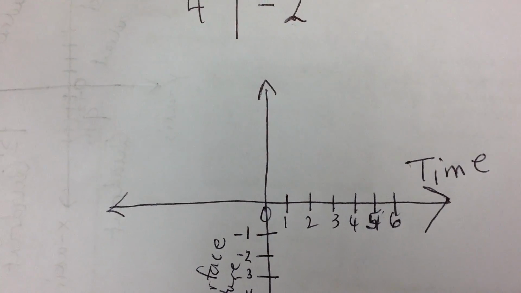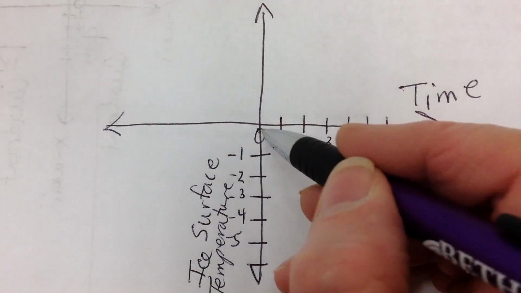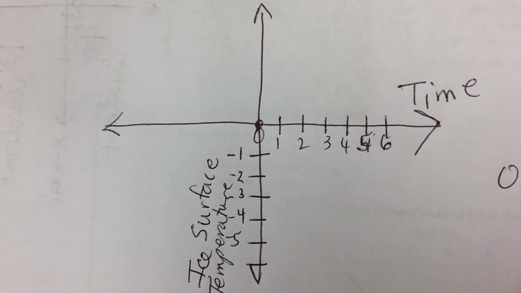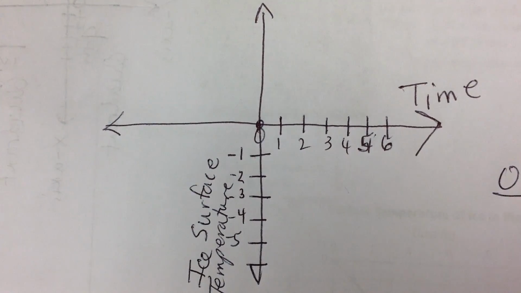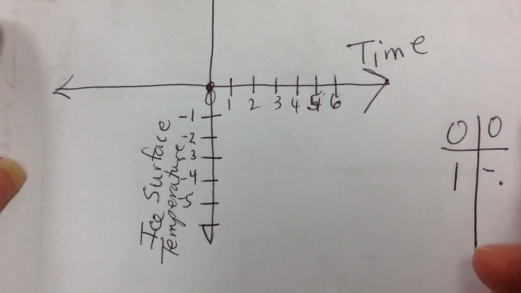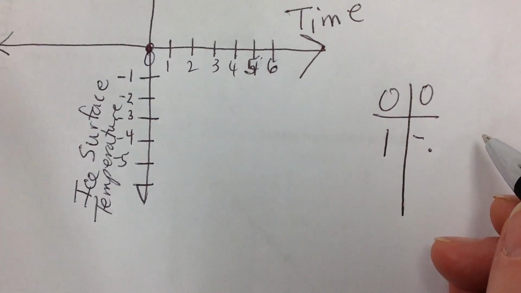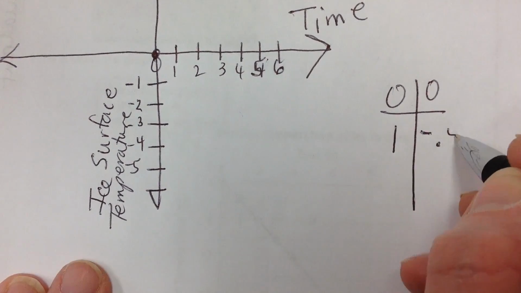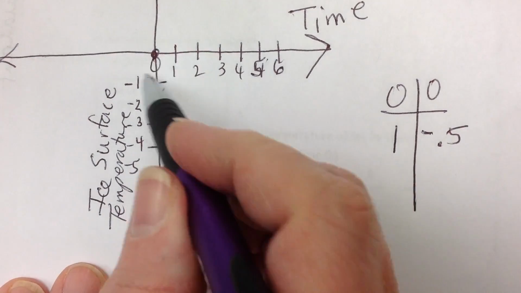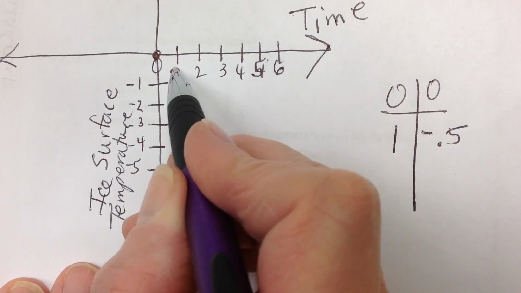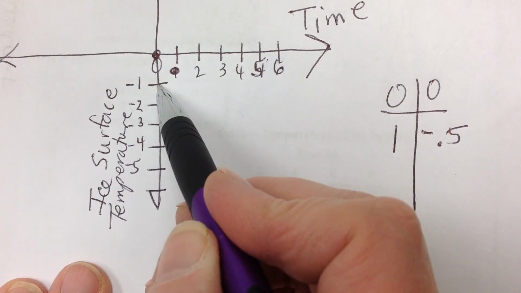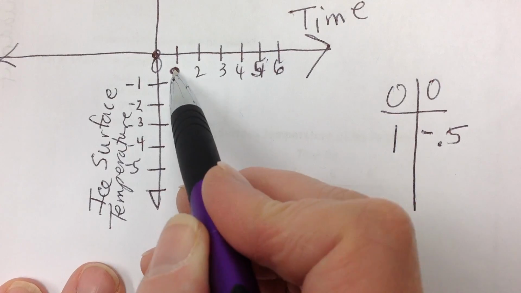Okay? So at 0, 0, that's our first point. I made a point here. Then we have the point (1, -0.5). So to the right 1, and halfway in between 0 and negative 1 would be negative 0.5.